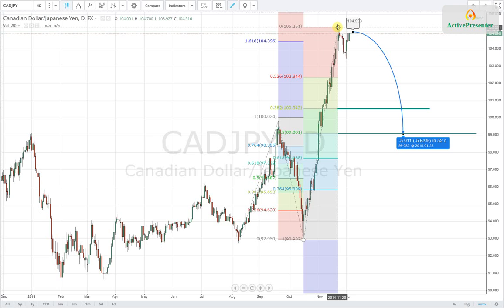So we're talking about a stop loss of about 120 pips, and say you place it around 105.50, and then a take profit of somewhere around 450 pips. This is an excellent stop loss to take profit ratio, and it's a worthy trade to enter, given these patterns.